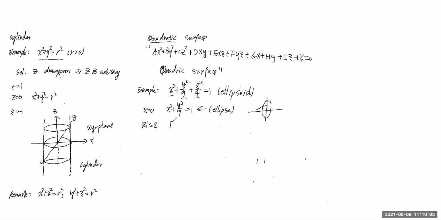And when the absolute value of z is 2, you will find x squared plus y squared over 9 is 0. This is just a point, right? Just x is 0, y is 0. For any z between 0 and 2, we get x squared plus y squared over 9 equals 1 minus z squared over 4.